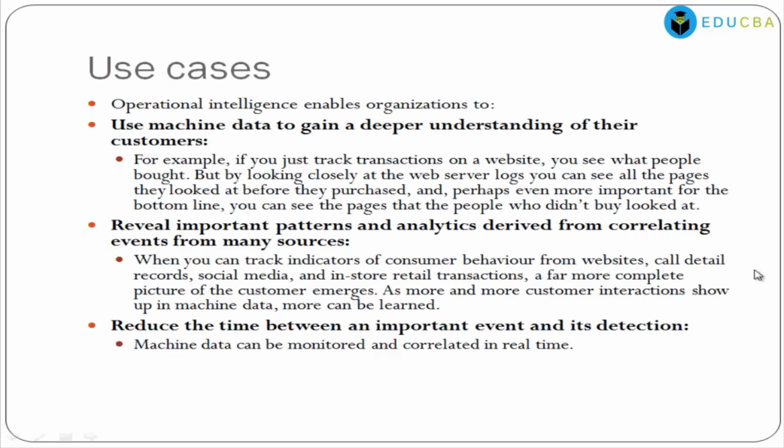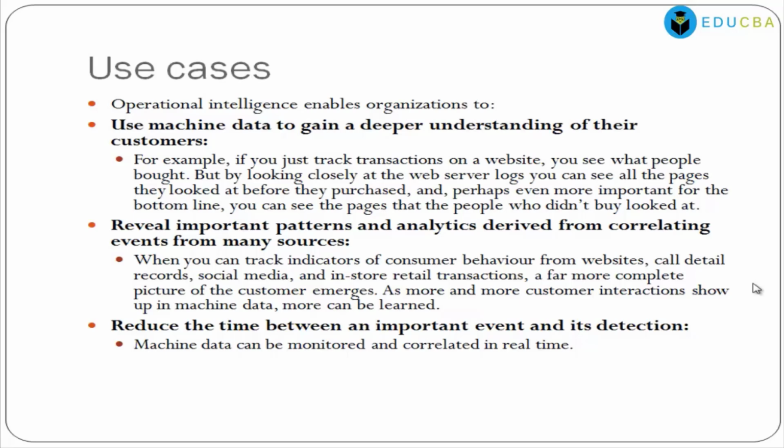Here are some use cases where operational intelligence comes into major play in our day-to-day business. We can use machine data to gain a deeper understanding of customers. For example, if you are just tracking a website, you can see what people bought on a particular day.